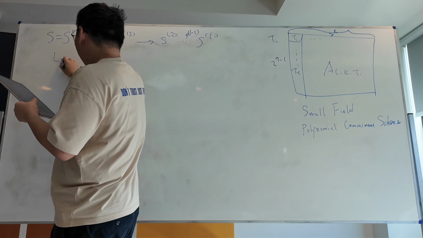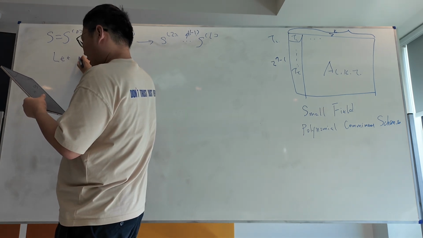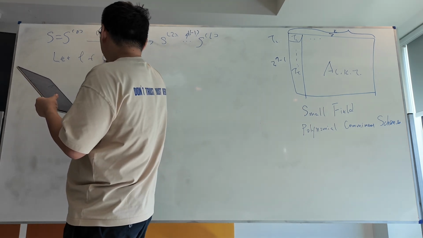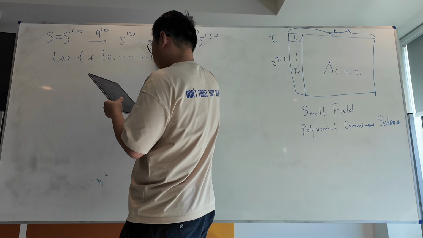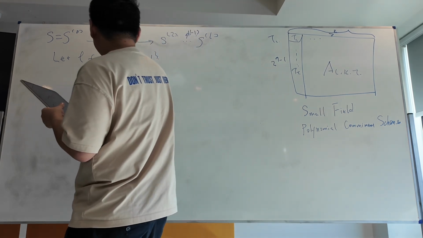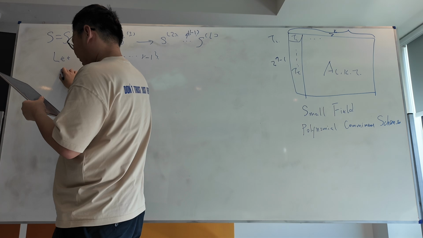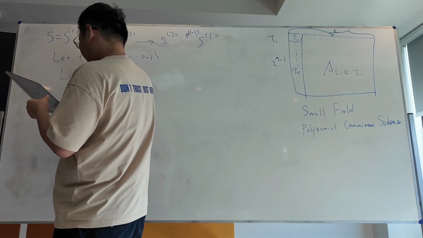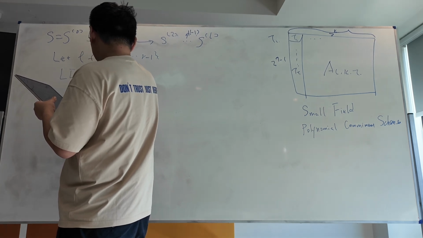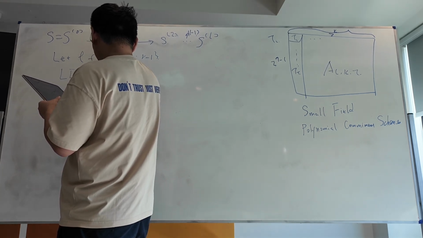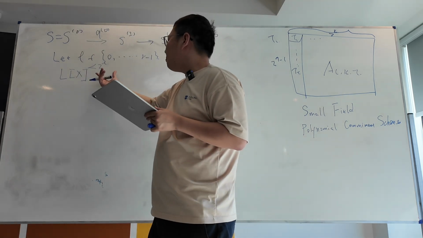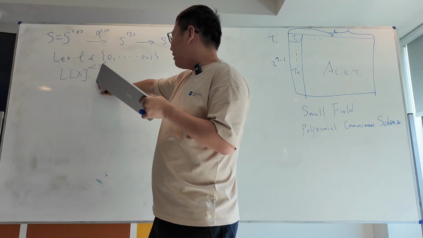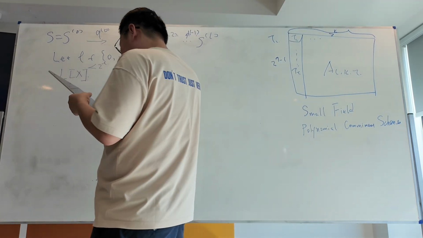Consider the polynomials whose degree is bounded by 2 to the L, the univariate polynomials.